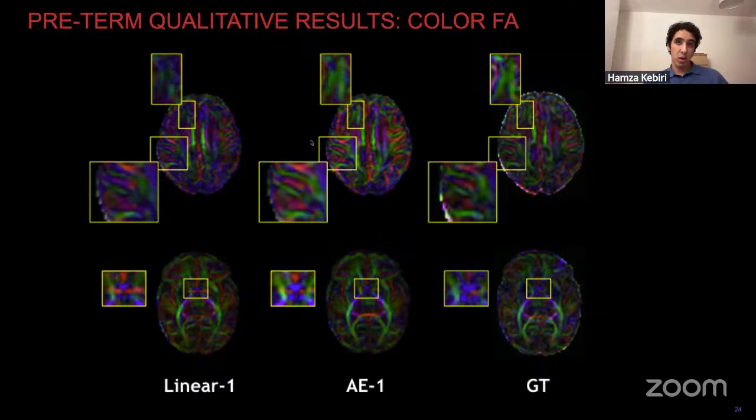We also got quite smooth maps for this color FA. We can see, for example, here compared to this part, or even here, that it has fewer artifacts compared to this linear interpolation. This is the ground truth. But this can also be subject to over-smoothing, and when you over-smooth, usually you lose some details, so this can be a disadvantage, probably.